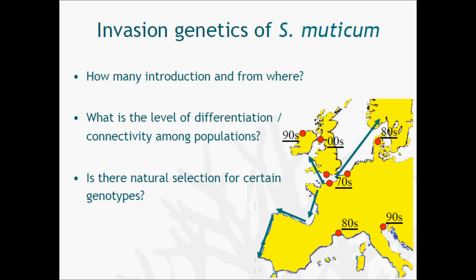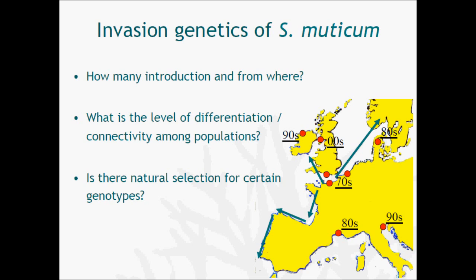Okay, so when you look at invasion, it's good to do studies of invasion genetics, which is interesting to know how many introduction times there were. In Europe, for Sargassum muticum, this is not done.